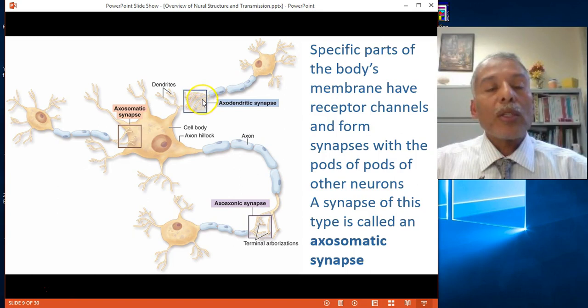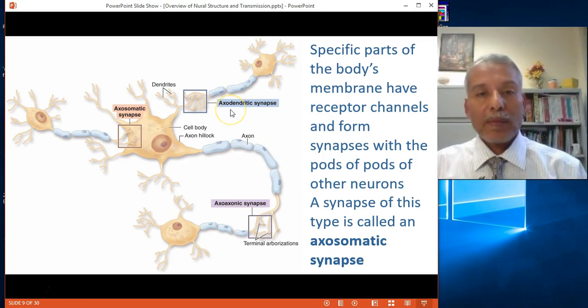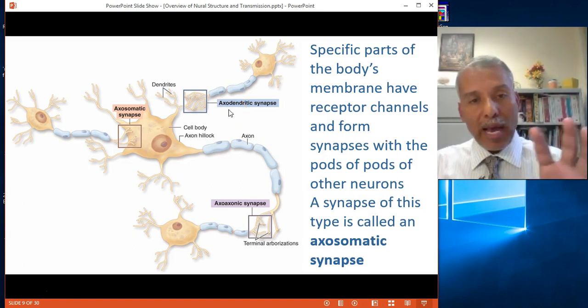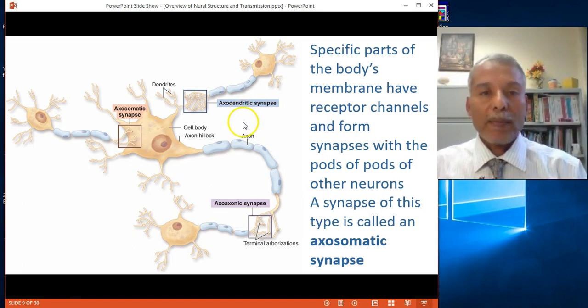You have the axon of this neuron, one axon comes, axon terminal, and contacts a dendrite of this big neuron, and together they make the axodendritic synapse. Axo has to do with axon, dendritic has to do with the dendrite.